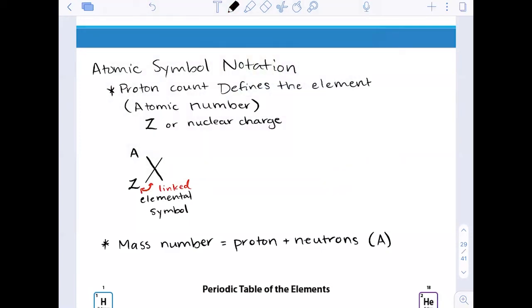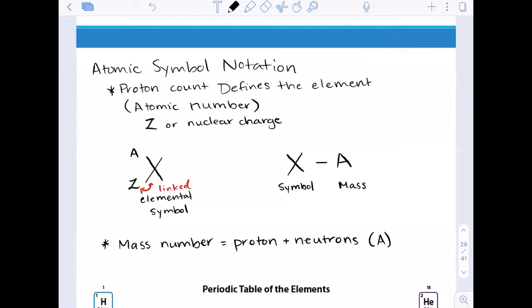Another way to write a shorthand atomic symbol notation is by writing the symbol dash the mass. Because the atomic number and the symbol are linked, you don't often have to write Z anywhere. It's optional.